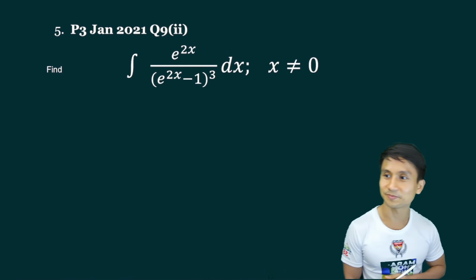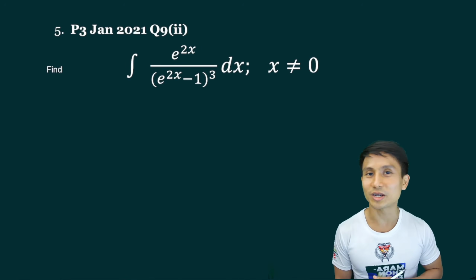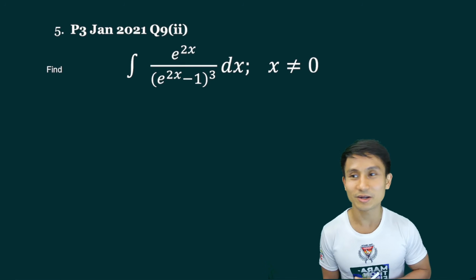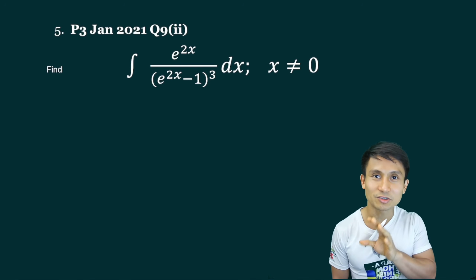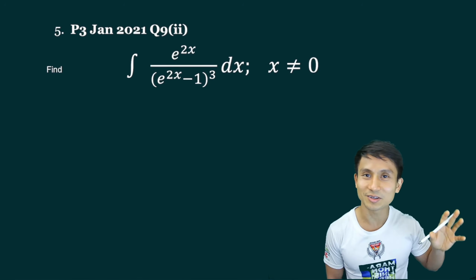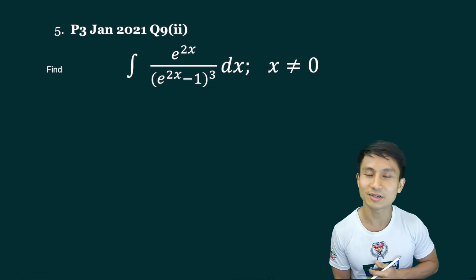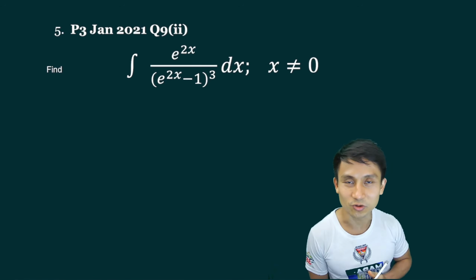Of course, this probably is a reverse chain rule again because this is the video about it. But this might trick you a bit because it doesn't look like you have two functions on the sides. This is more like a fraction. But don't let that fool you.